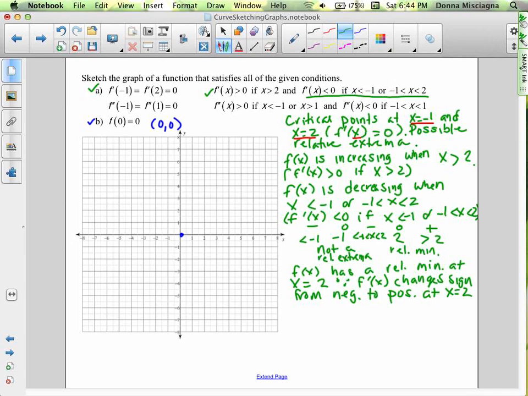Notice I said, who has the relative minimum? It's f of x. How do I know? f prime of x changes sign. It goes from negative to positive.